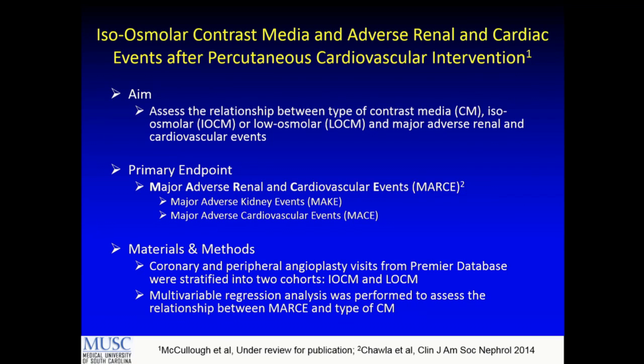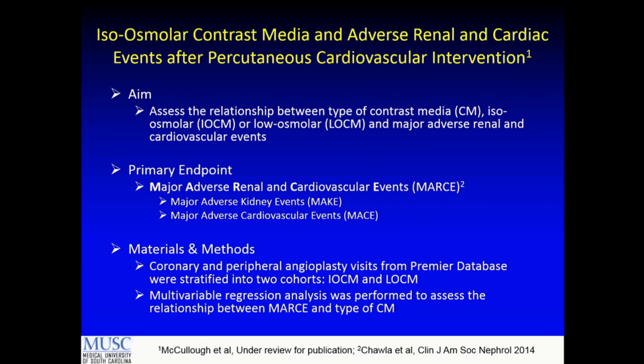So we looked at this in a large data set, the Premier database, which is a claims database, looking at iso-osmolar contrast media and adverse renal and cardiac events after percutaneous cardiac intervention. The aim of the study was to assess the relationship between iso-osmolar versus low osmolar contrast and major adverse renal and cardiovascular events. The primary endpoint was major adverse renal and cardiovascular events, or MARCE.